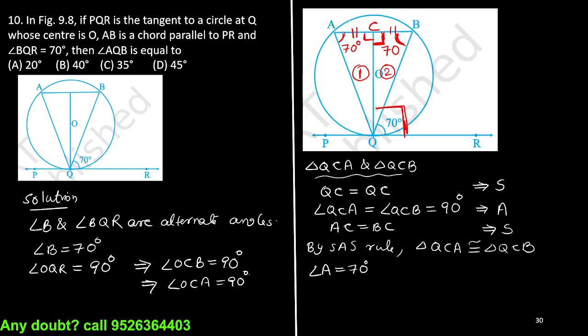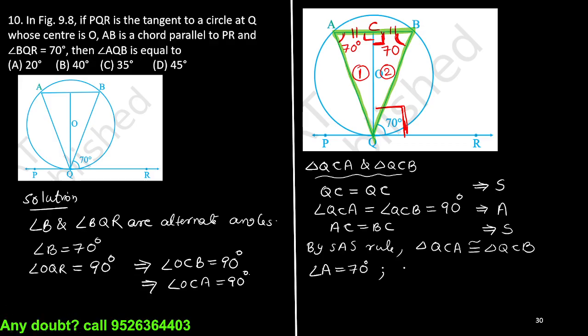Now look at this highlighted triangle. Focus on this highlighted triangle. I want angle Q. Angle AQB is our question. For this triangle, the sum of all angles is 180 degrees. Clear?